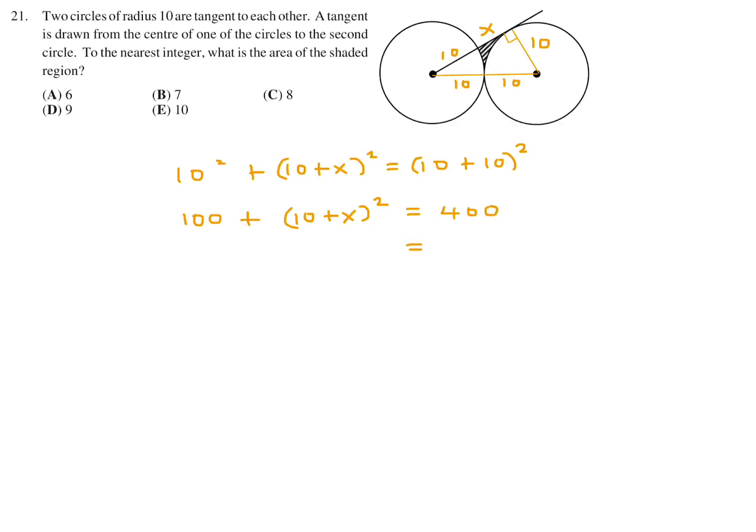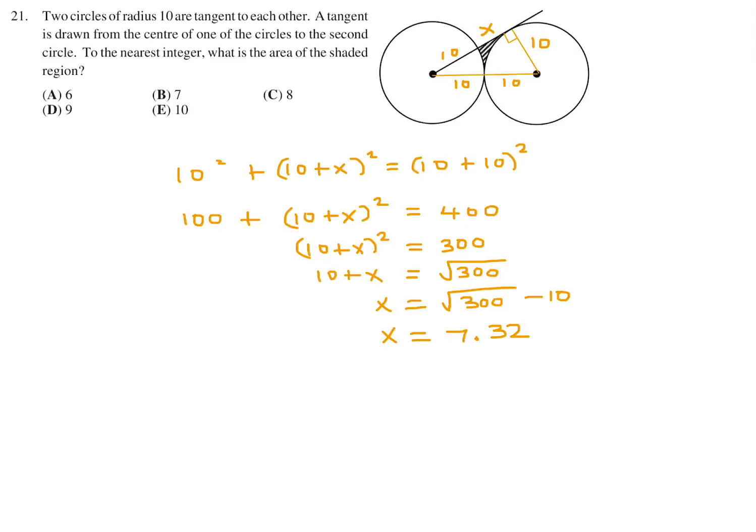So therefore, 400 minus 100 is 300, is (10 plus x) squared. And therefore, the square root of 300 would be 10 plus x. And therefore, finally, x is the square root of 300 minus 10. And if you do this in your calculator, you'll get about 7.32. All right, so we got x.